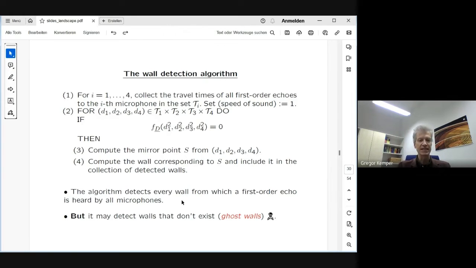There's also a downside. It may, of course, happen that this Cayley-Menger relation is satisfied purely by coincidence, because walls are arranged in such a way that even though the echoes come from several different walls, by coincidence they do satisfy this relation.